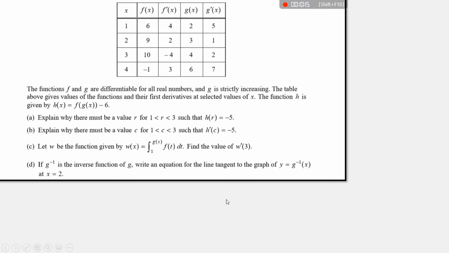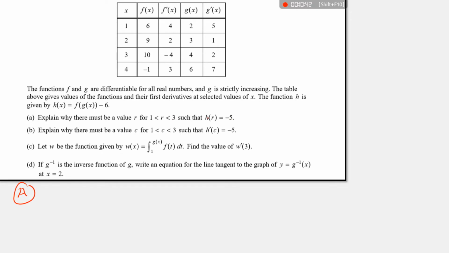Okay, so I've got this table of my function f and its derivative, g and its derivative, and a bunch of x values. I'm also told there's another function h, which is f of g minus 6. So it's a composite function, means I'm plugging g into f. Okay, the first thing they want us to do is explain why there must be some value for r between 1 and 3 such that h at r is negative 5.